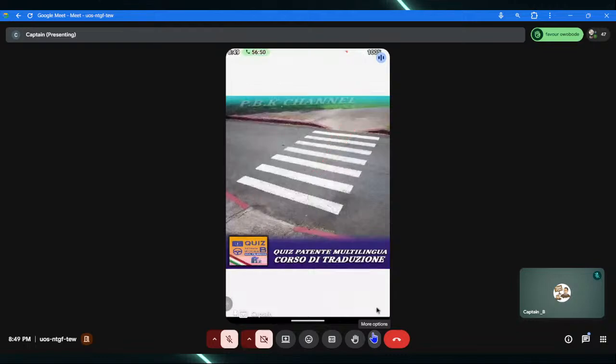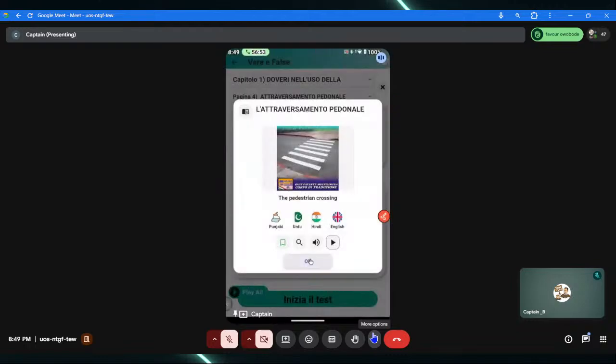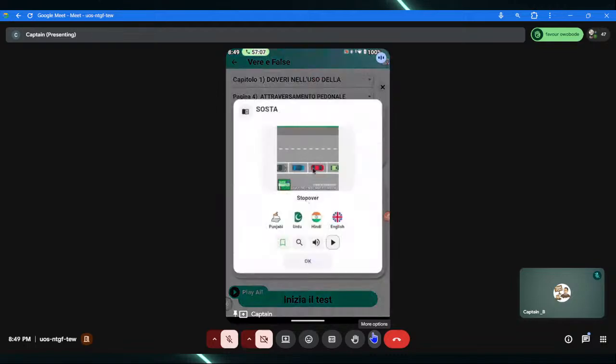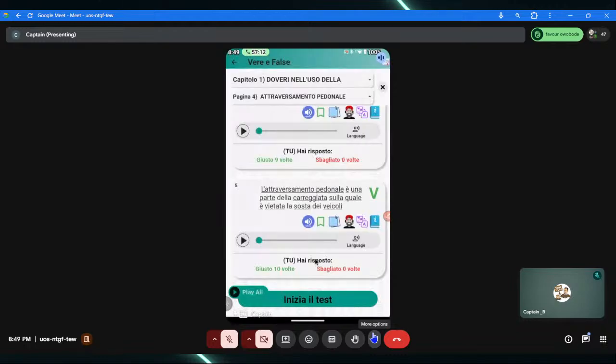He said the traversazione pedonale è una parte della carreggiata, it's part of the carriageway, sulla quale è vietata la sosta. The word sosta here means stop over, park. So you can't park on top of there. And it is true, è vero, because that place is made for pedestrians.